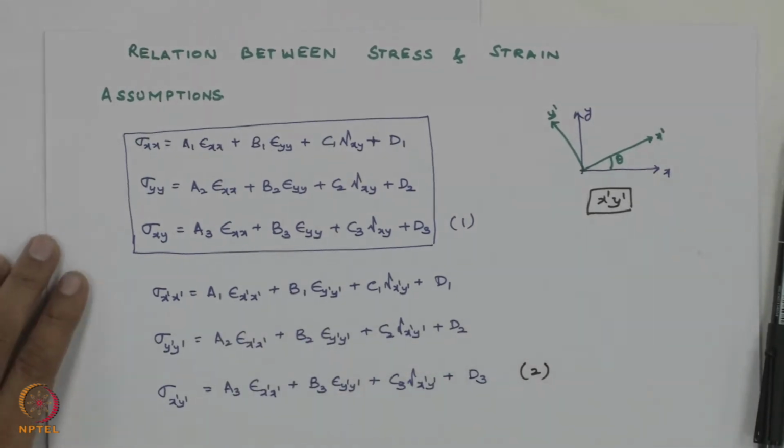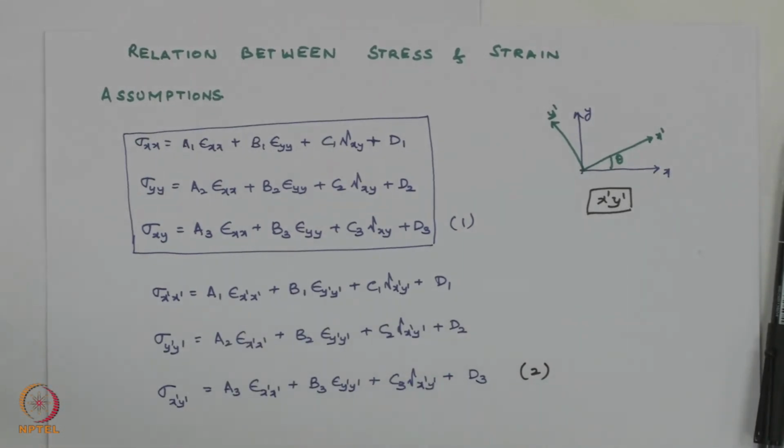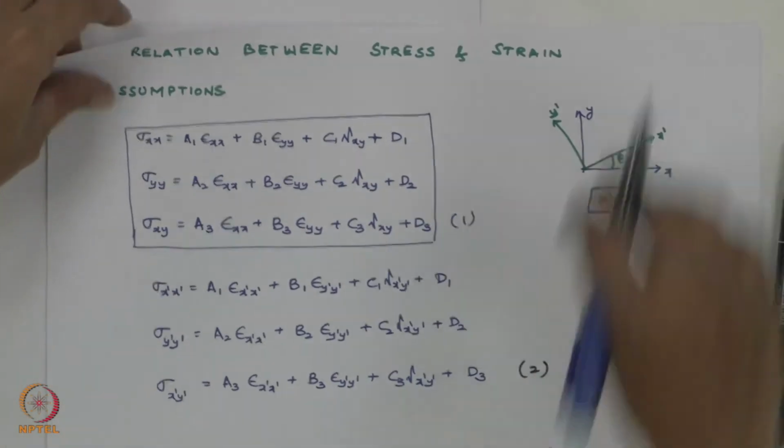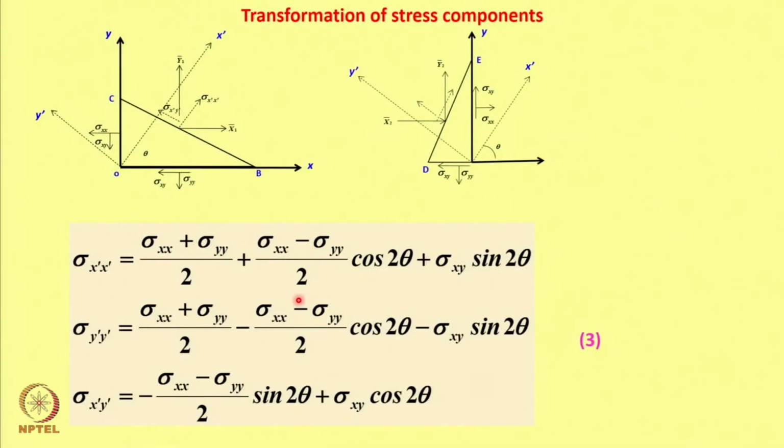Now if we get back to slides again, here we have derived these relations in strength of materials. We would have studied this. That derivation I am not doing, because I can take it from here.